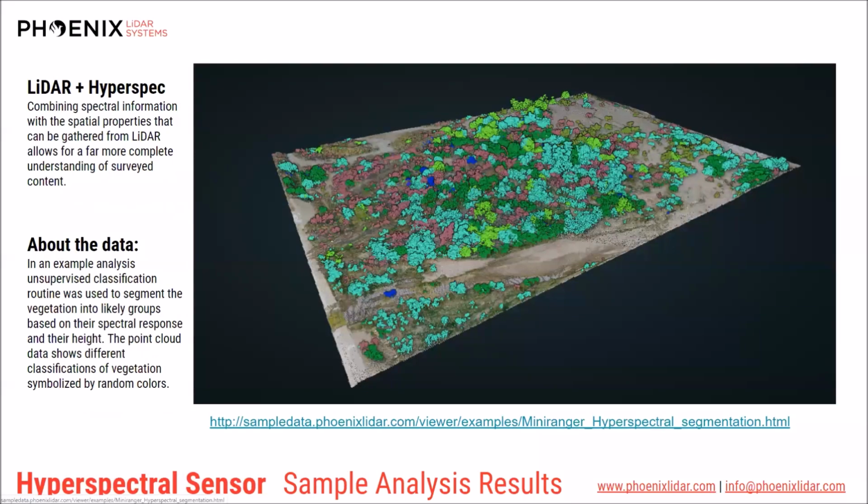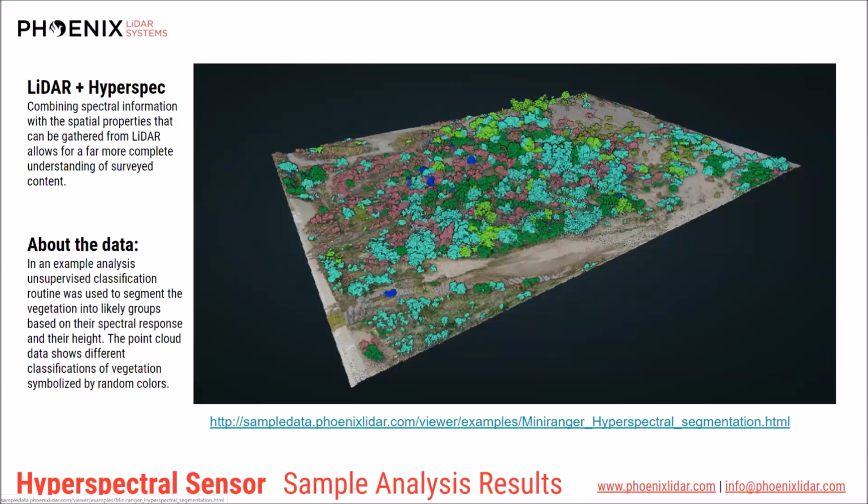There are an enormous number of types of analysis that can be made with hyperspectral data. Here we're showing an example where we've combined hyperspec and LiDAR data to try to identify different plant types in our survey area.